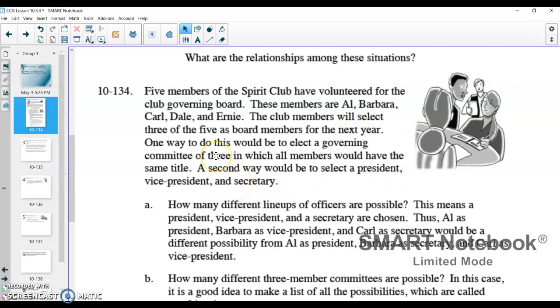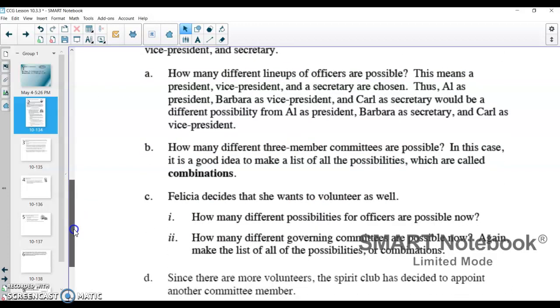Whereas in the first option, where everybody has the same title, if Al gets selected into that committee, there's only so many times he could get selected into that committee. Because he could get selected, we'll see it as we keep going, but he can get selected a certain amount of times, but after a while there aren't as many combinations because there just aren't as many options for him to go. And we'll see that as we work through it here.